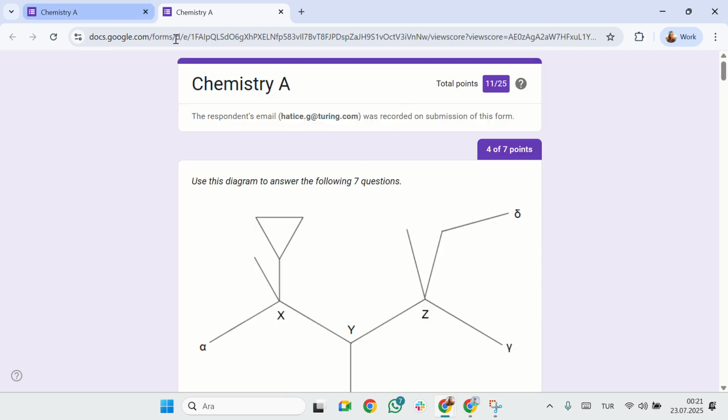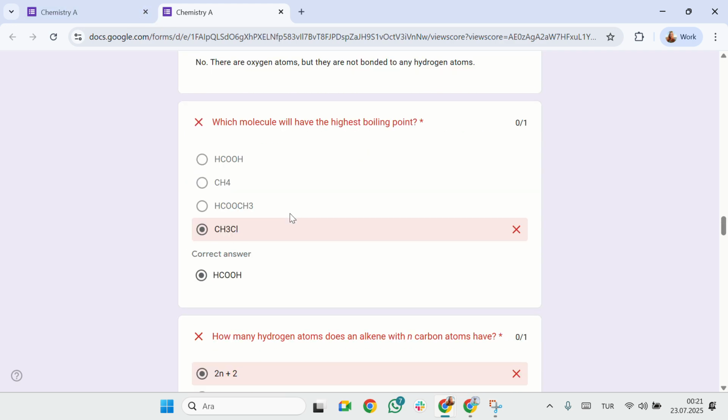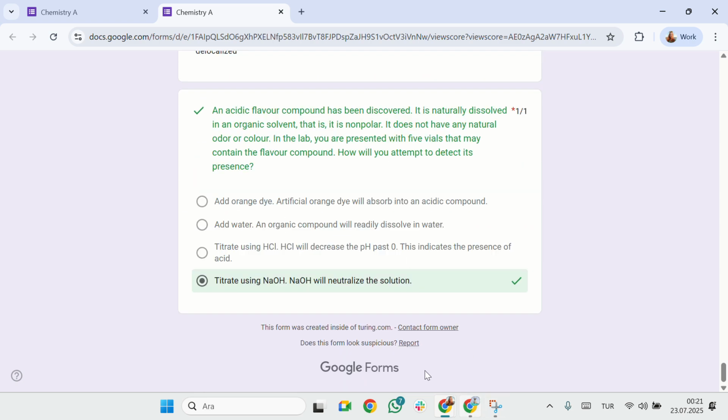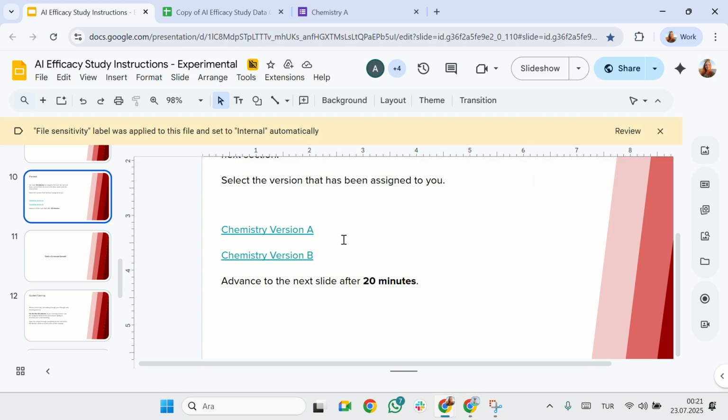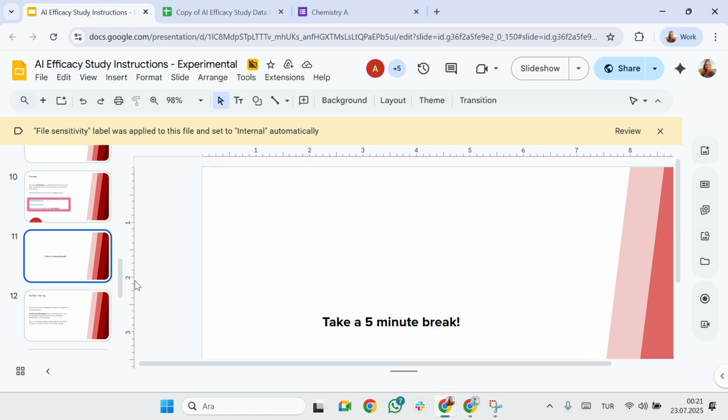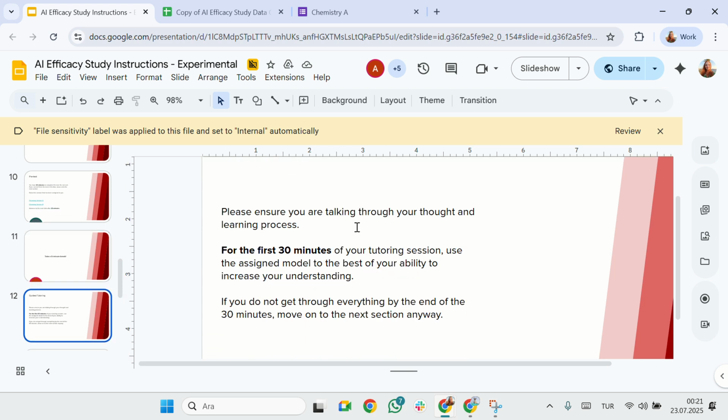Okay, let me check this. How much time do I need to spend for this? Oh, I think I don't need any break. And okay, so for the first 30 minutes of your tutoring session, use the assigned model to increase your understanding.